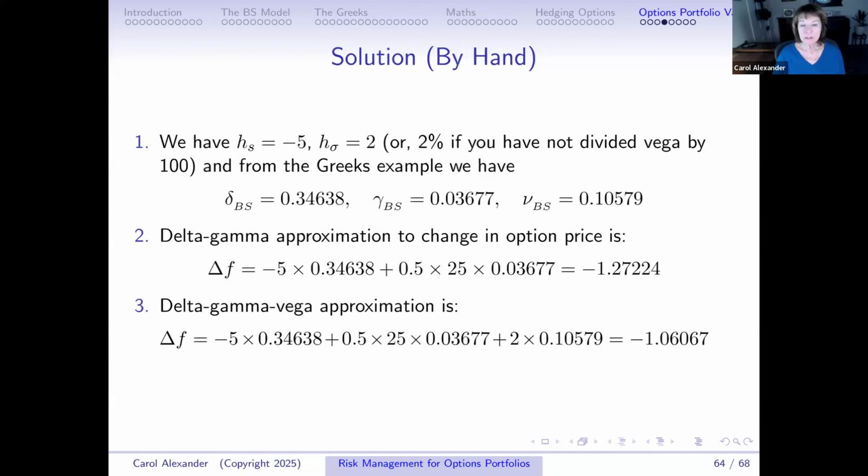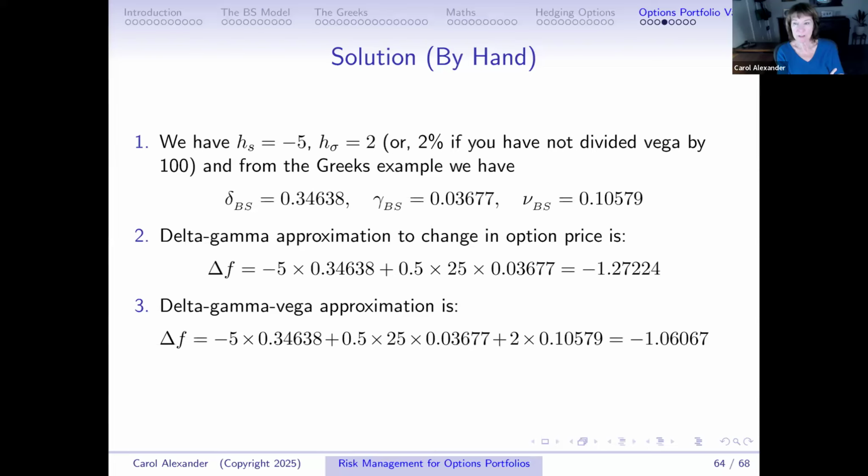So we know from previously these numbers, delta, gamma, and vega. And so we have -5 for quite a big fall. So the delta gamma approximation to the change in the option price, call it delta F for the change in the option price, is -5, that's the hS, times the delta, plus 1/2 times -5 squared, that's 25, times the gamma.